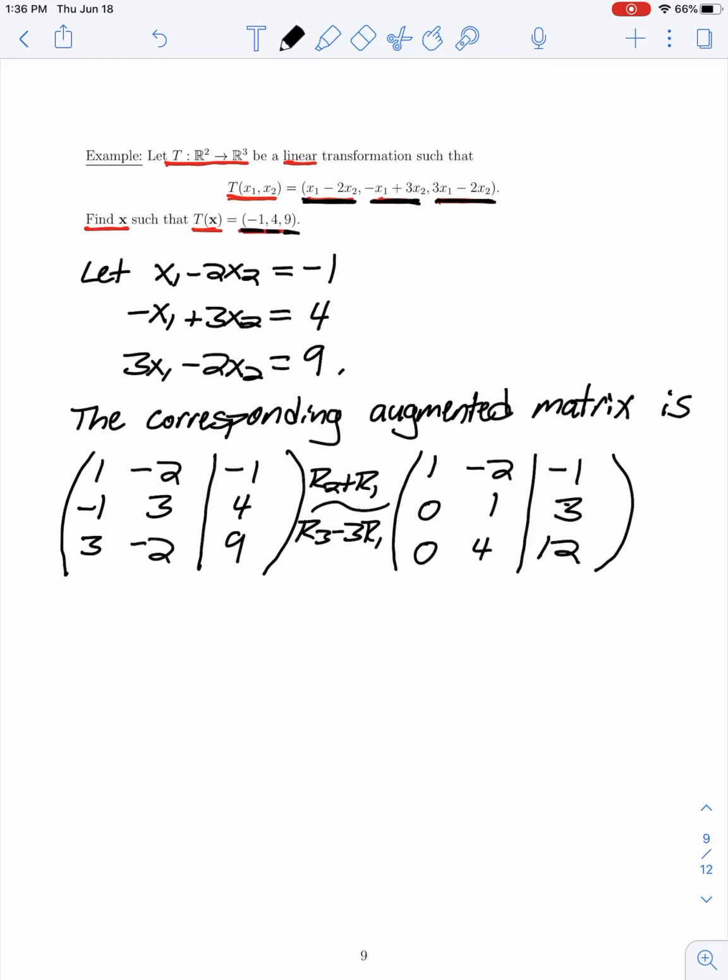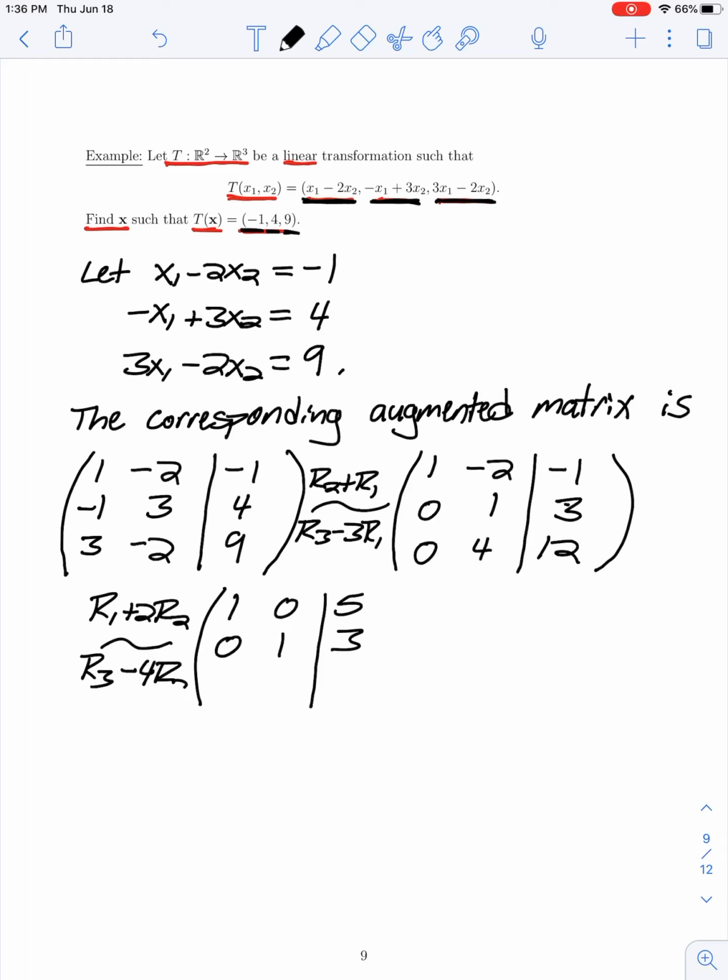To simplify a bit further, I could take row 1 and add 2 times row 2, which makes my first row 1, 0, 5. My second row is 0, 1, 3. And for my third row, I can take row 3 minus 4 times row 2, which gives me a row of all zeros.